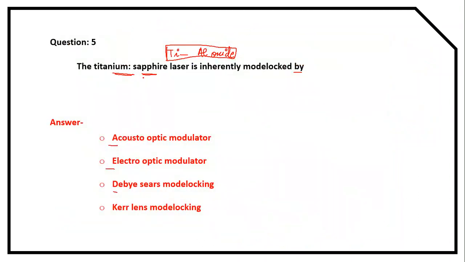So in the titanium sapphire laser, this Kerr lens mode locking is responsible for the inherent mode locking. Okay, if you have any doubt in this question, we can discuss, and then we'll proceed to the other question.